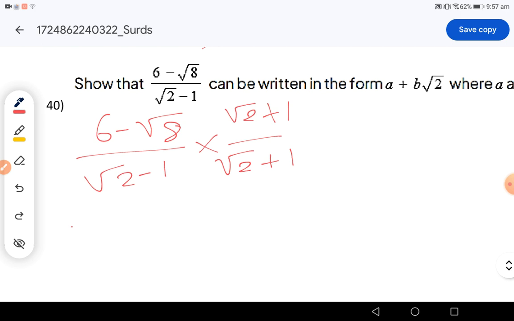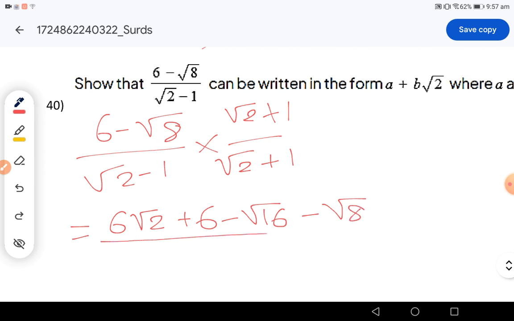So we got 6 root 2 plus 6, minus 8 times 2, 16, and minus root 8 by 2 minus 1.